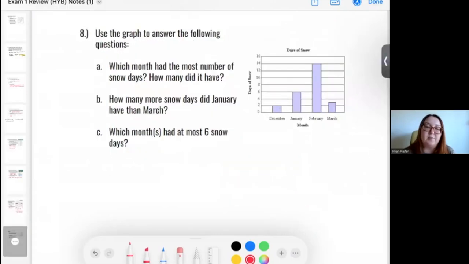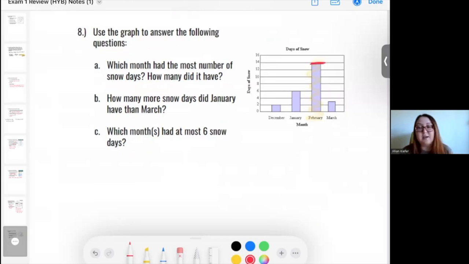All right. So for problem 8, first part A, which month had the most number of snow days and how many did it have? So in this case, we're looking at a bar graph. We want to look for the tallest bar, which in this case was February. This is by far the tallest one, and this is how many snow days it had, which if we follow the line, tells us 14.